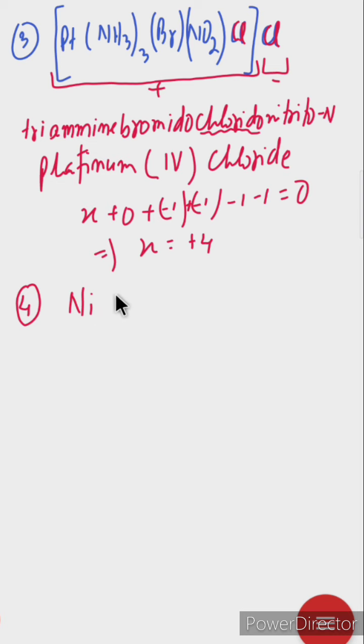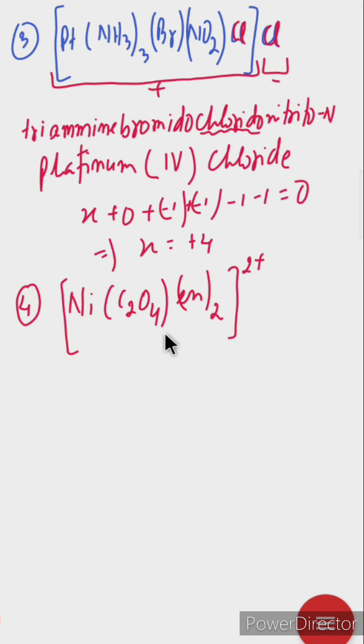This is a nickel and it is written as C2O4, and this is en2. A question may be asked in this complex: what is the coordination number of nickel and the oxidation number of nickel? Let me calculate the oxidation number here.